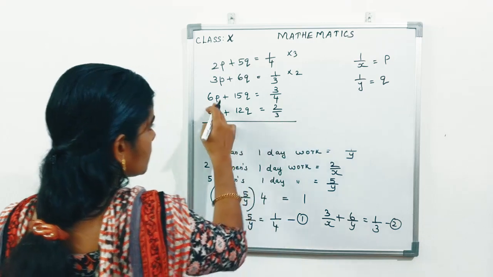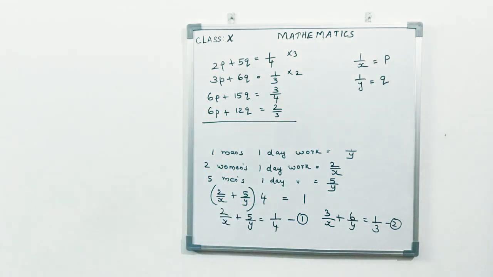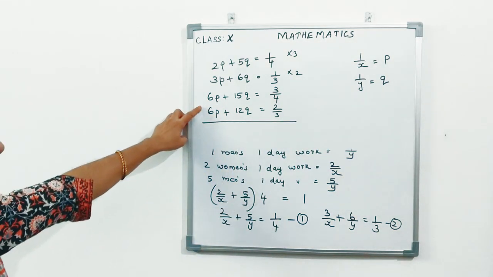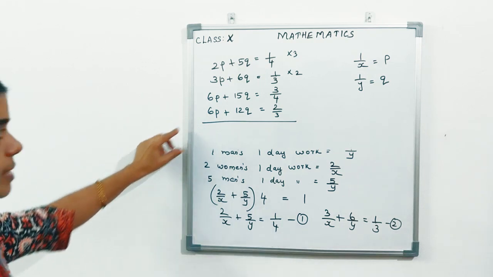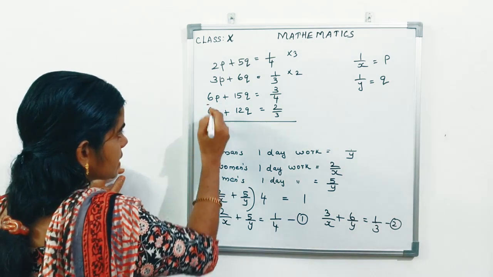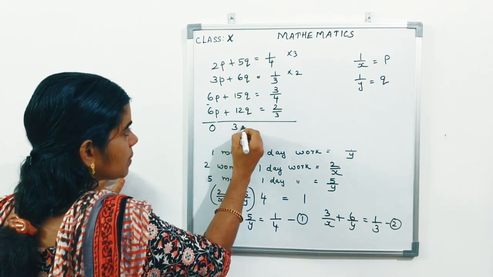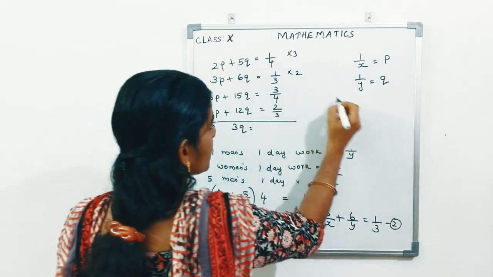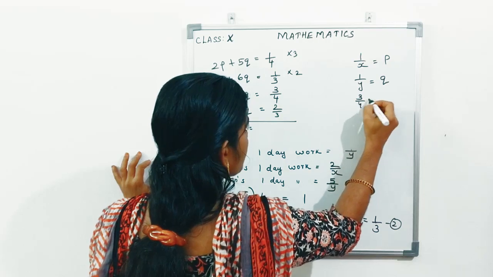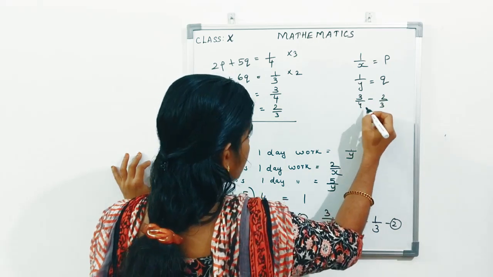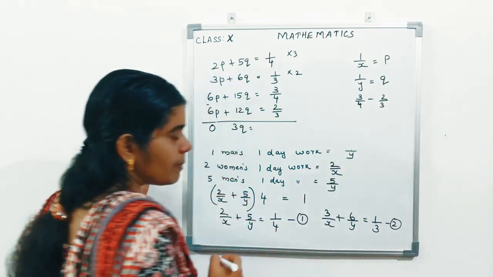Here you know that the coefficients have the same sign. Therefore, you want to subtract, then only this will be cancelled. Then 6p minus 6p will become 0. 15 minus 12 means 3q is equal to 3 by 4 minus 2 by 3. You already know that the LCM will be 12.